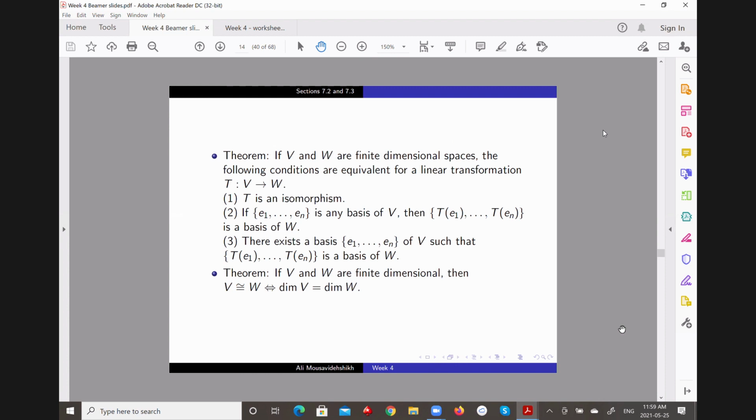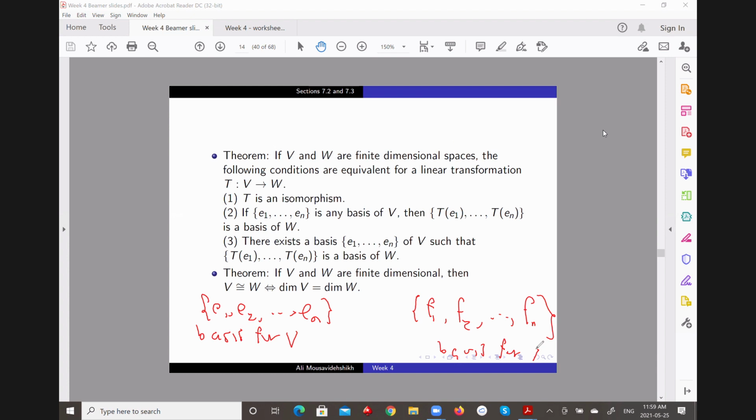If E1, E2 to En is a basis for V, and F1, F2 to Fn is a basis for W, then I can force a linear transformation with T of Ei being Fi.